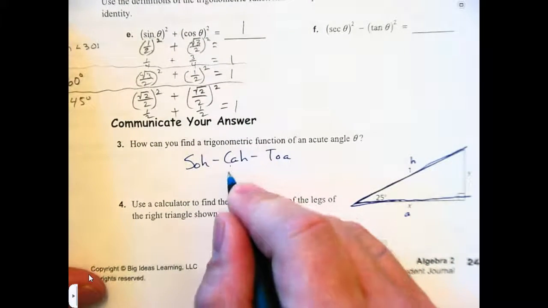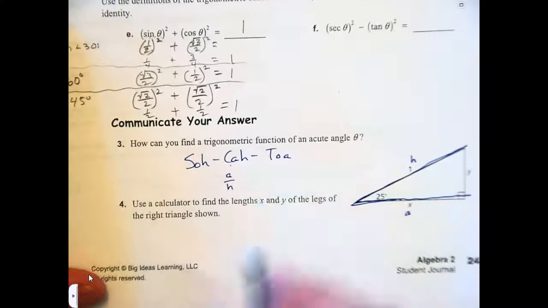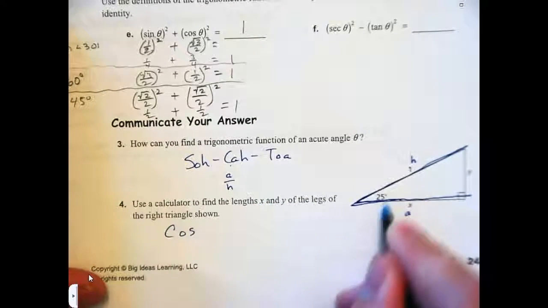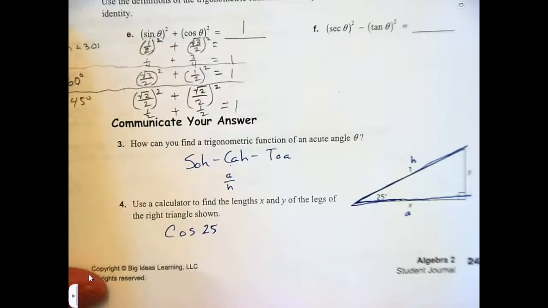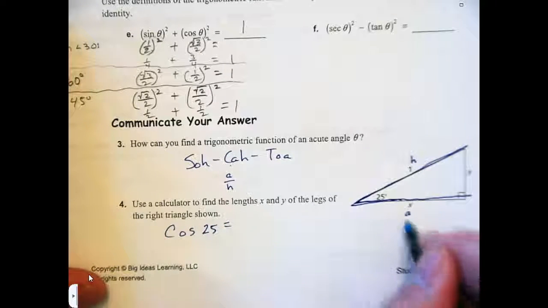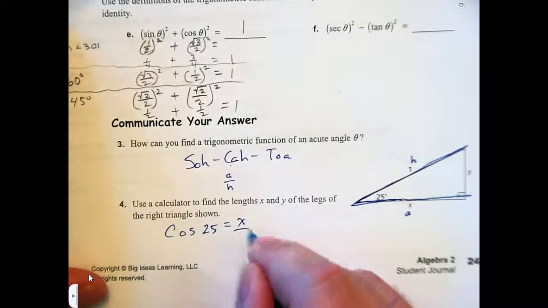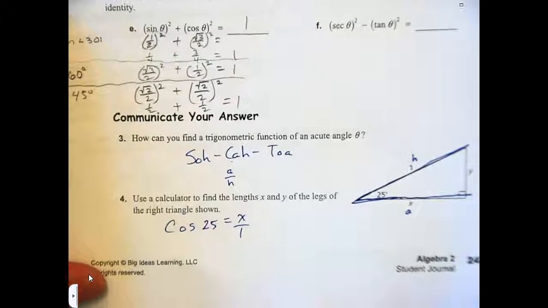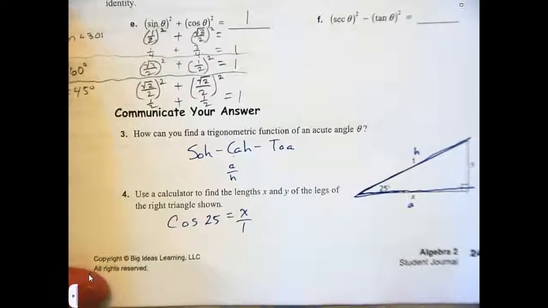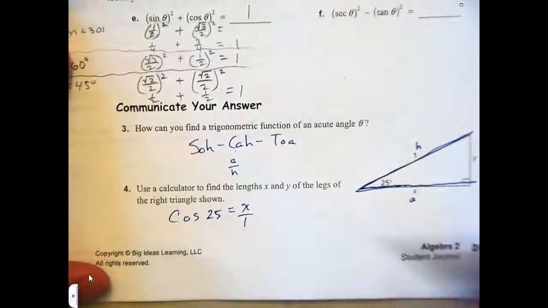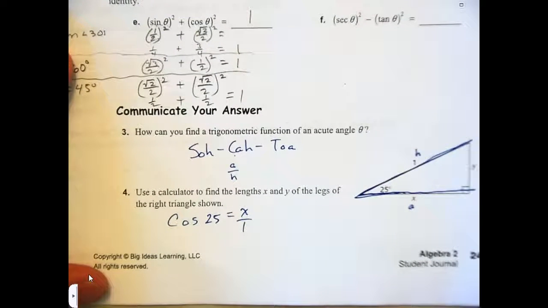Cosine. Cosine is equal to the adjacent over the hypotenuse. So the cosine of my angle is equal to the adjacent side, x, over the hypotenuse of 1. Which means cosine of 25 is the length of x.